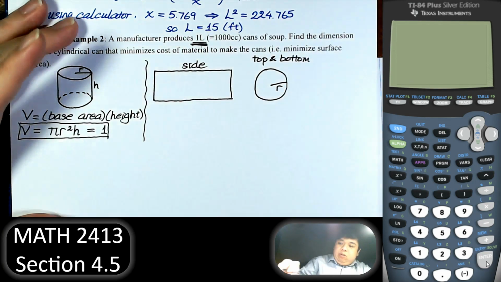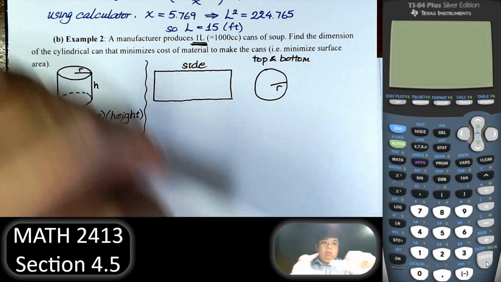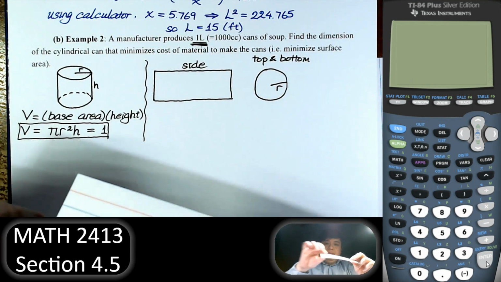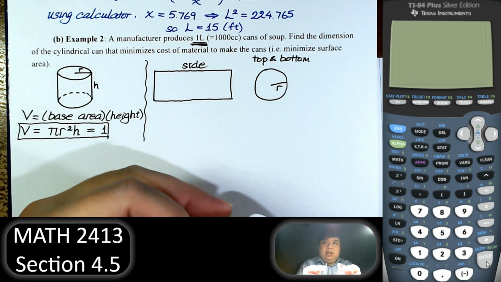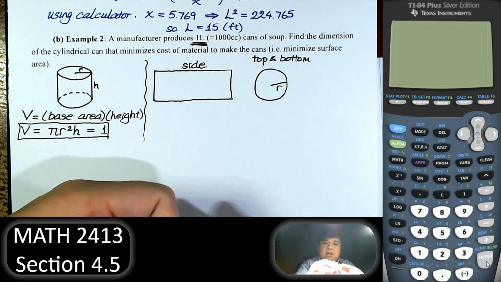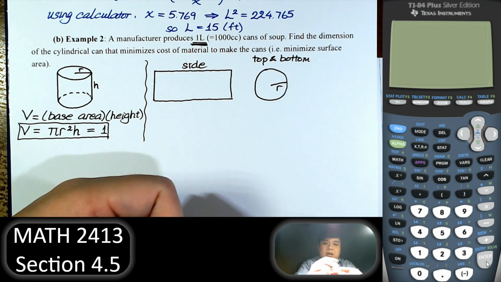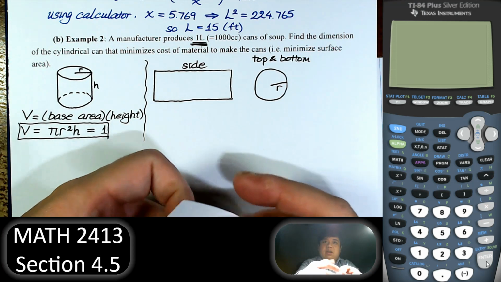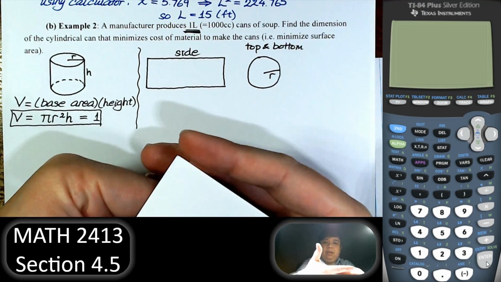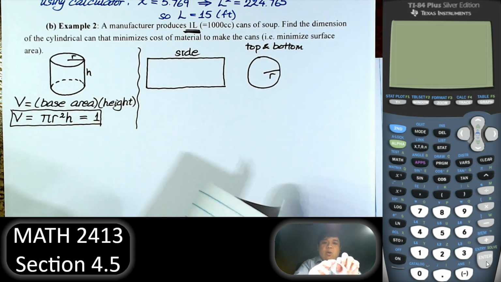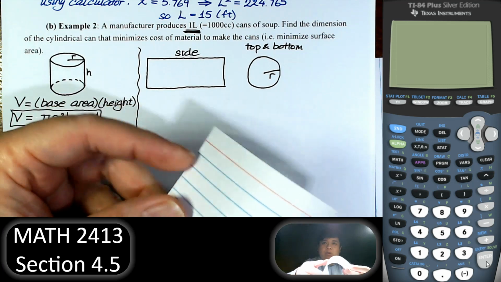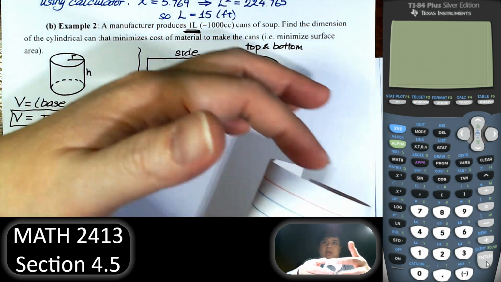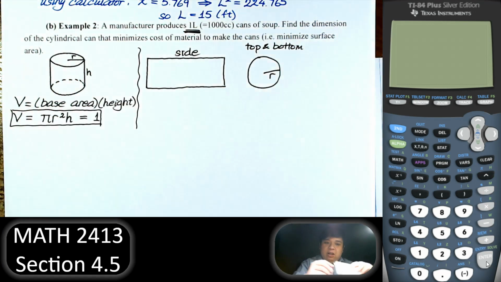How do we find the side? When we roll this up, the circumference of the circle is also the length of the rectangle. The length of the rectangle, when rolled up, becomes the circumference of the cylinder.